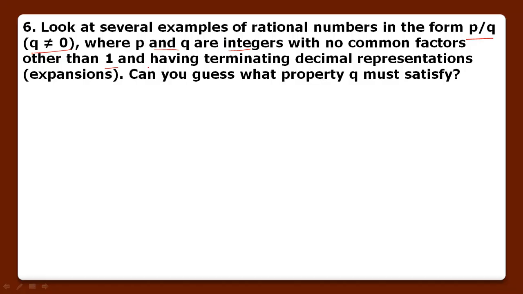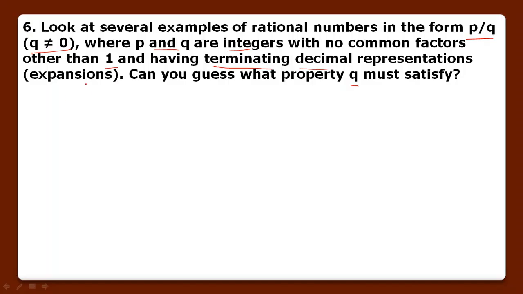Rational numbers have two types of decimal expansions: terminating and non-terminating repeating. In this question we have to find examples whose expansion is only terminating, and after finding them, we have to guess the property which q must satisfy.